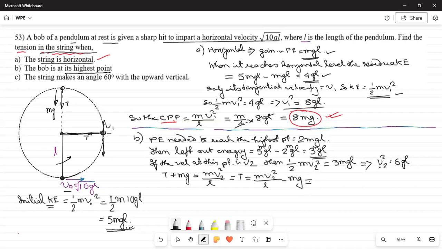V2 square is 6gl. So m by L times 6gl minus mg.